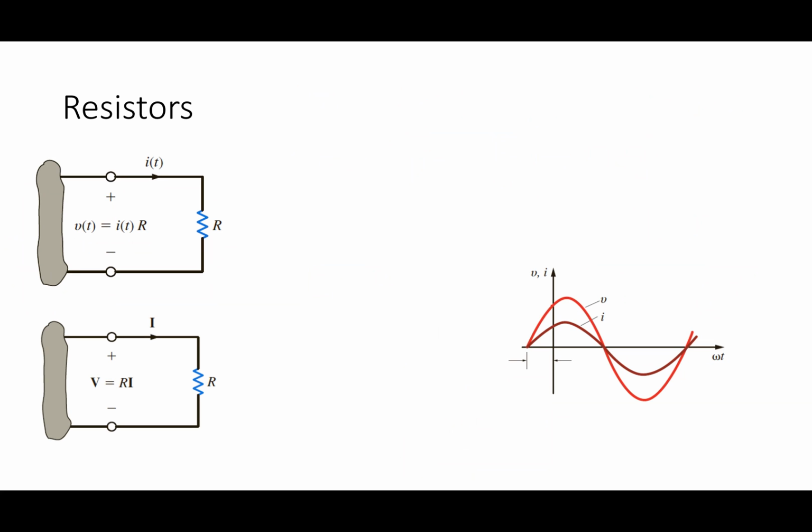And what do I know if they're time aligned like that? These phasors are complex numbers, so there are two equations that go with them. Looking at the magnitude, the magnitude of the voltage phasor is always equal to the magnitude of the current phasor times R. The magnitude is the amplitude of the sine wave.